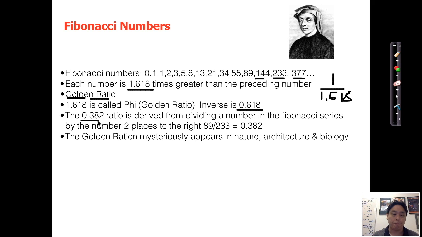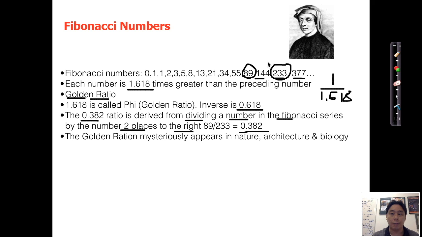0.382 ratio. So this ratio is derived from dividing any number in the Fibonacci sequence by 2 places to the right. So in other words, if you take 89, divide by 2 places to the right, 233, you get 0.382.